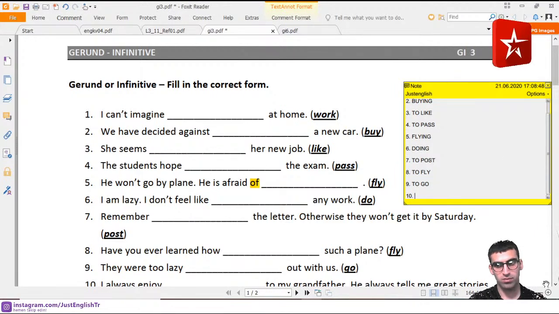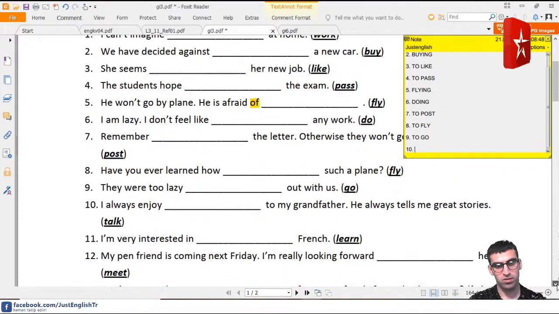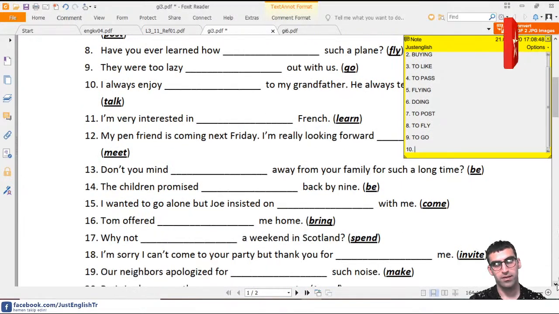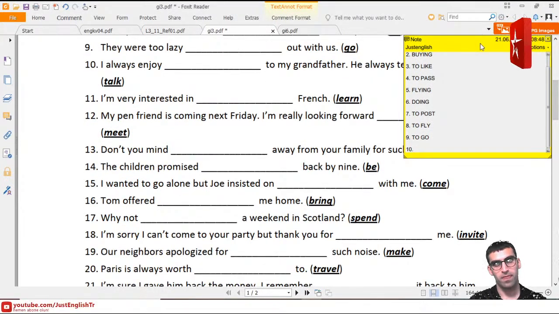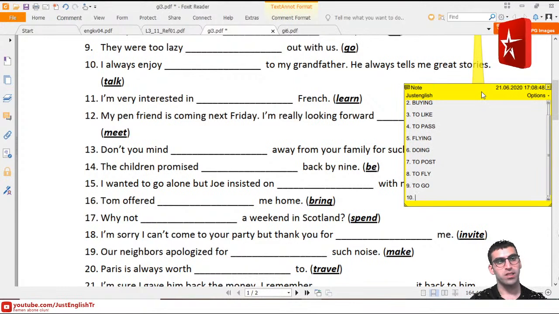And number 10, guys. Let me write it down. I always enjoy blah blah blah to my grandfather. He always tells me great stories. So which one is correct?